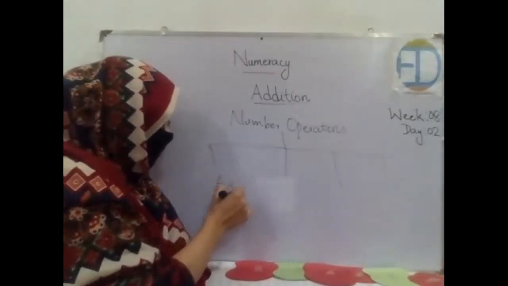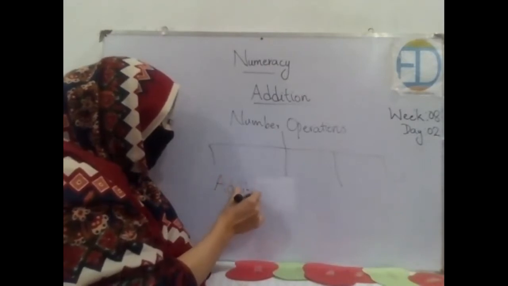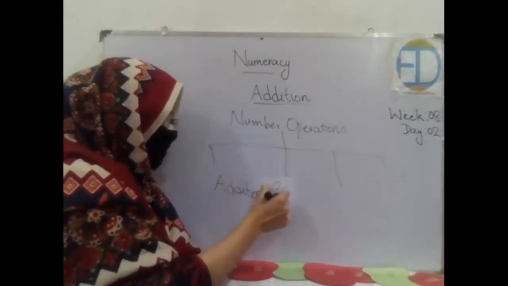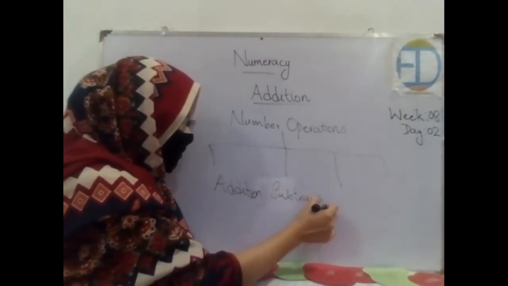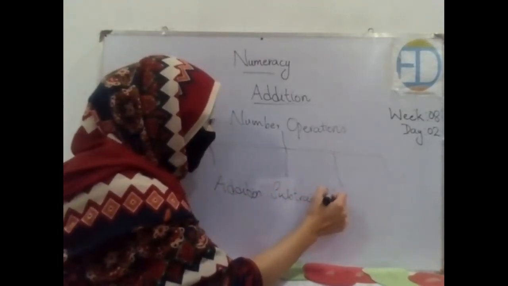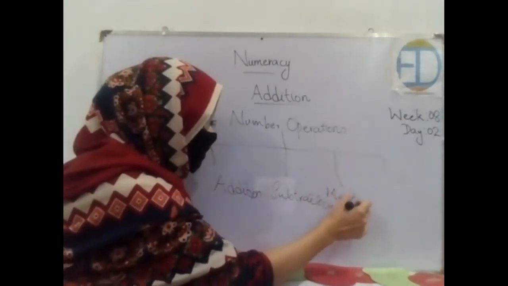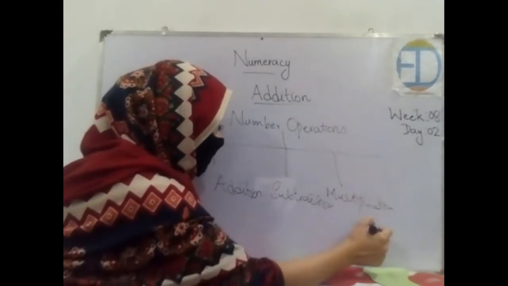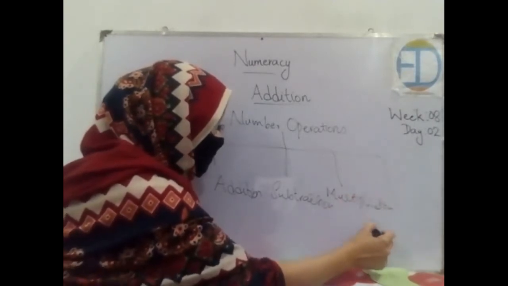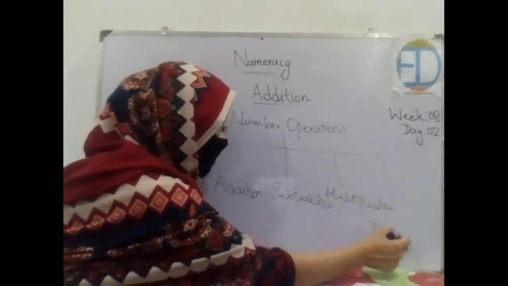Basically, all of them are very common. Addition, subtraction, then we have multiplication, and the last is division, right?